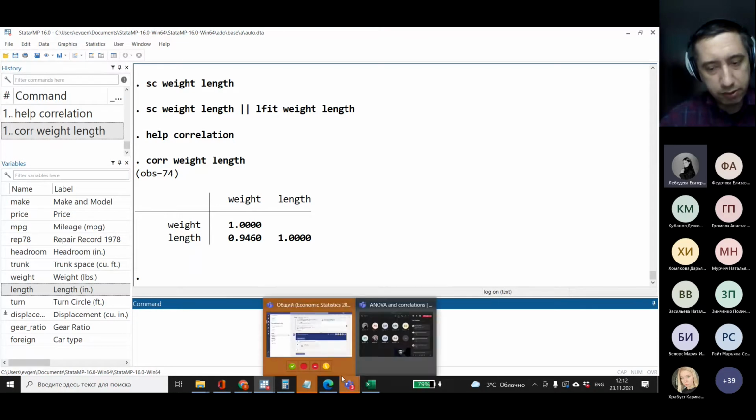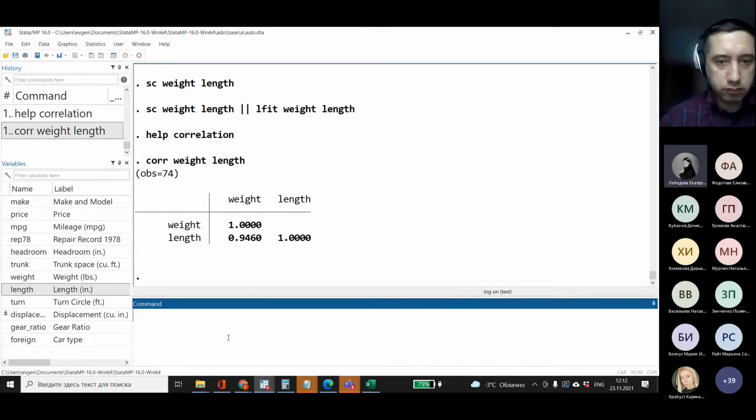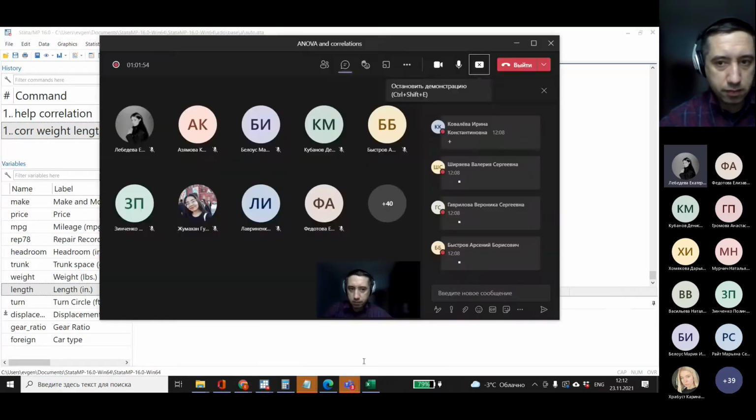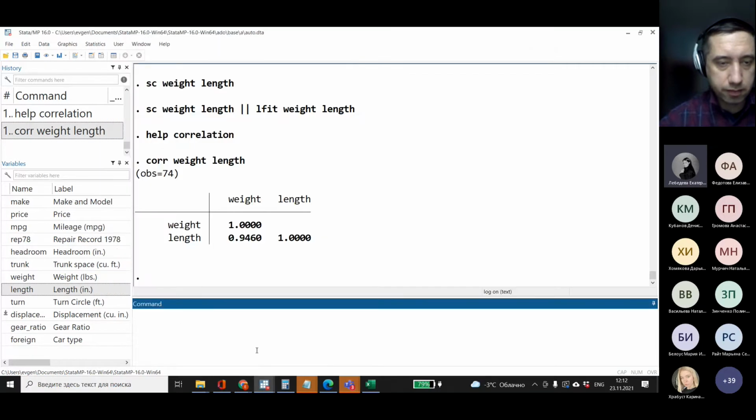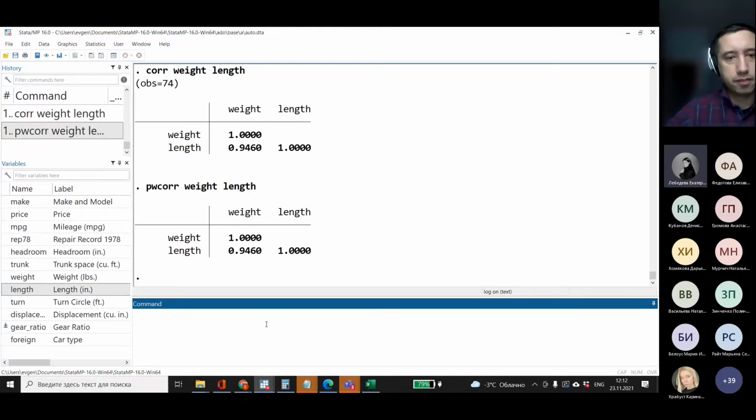Do the same, please. Another command to do the same is pwcor. The output is the same.